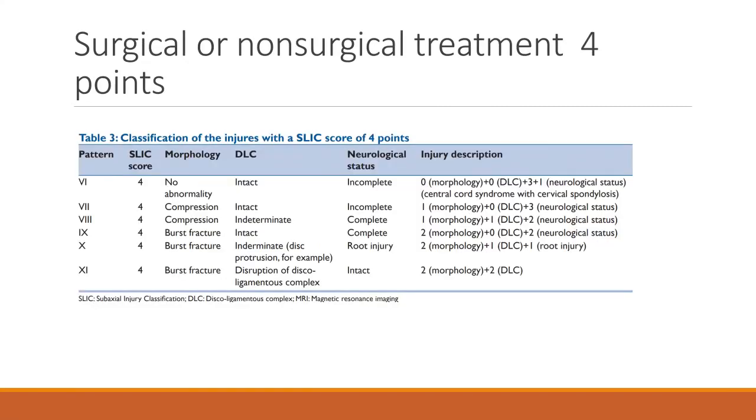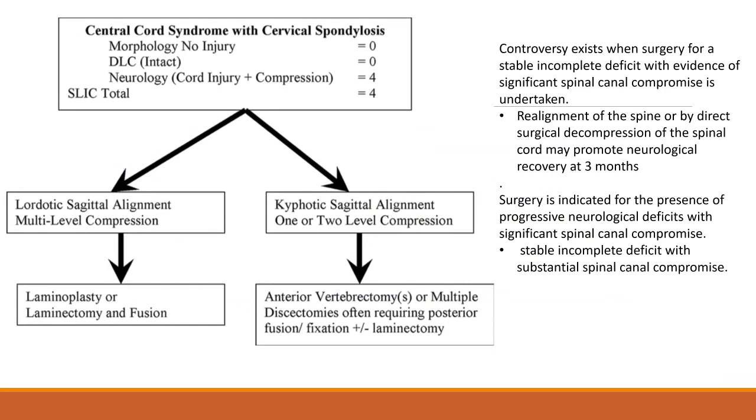Notable examples of commonly seen indeterminate injuries include a burst fracture with disruption of the discoligamentous complex without any neurologic impairment. Conversely, on the opposite end of the spectrum, a patient with no fracture morphology or disruption to the discoligamentous complex, but with an incomplete deficit or with evidence of continued cord compression secondary to spondylolisthesis, would be considered indeterminate. Such a patient could be considered to have central cord syndrome in the setting of cervical spondylosis.